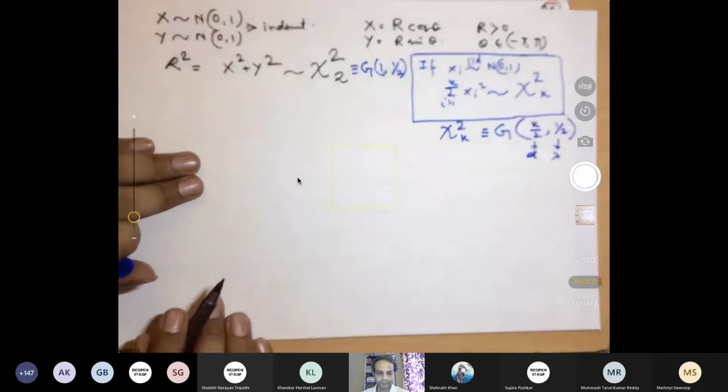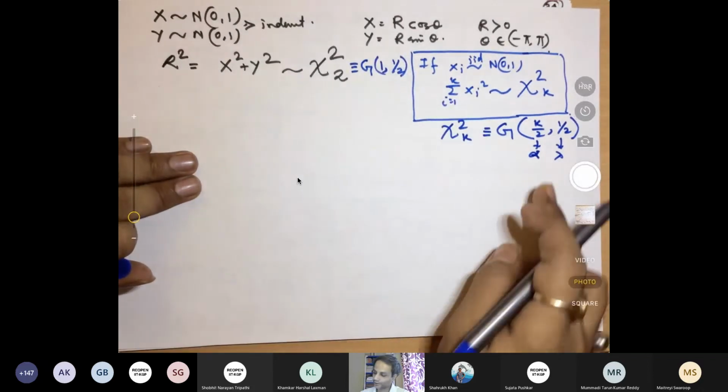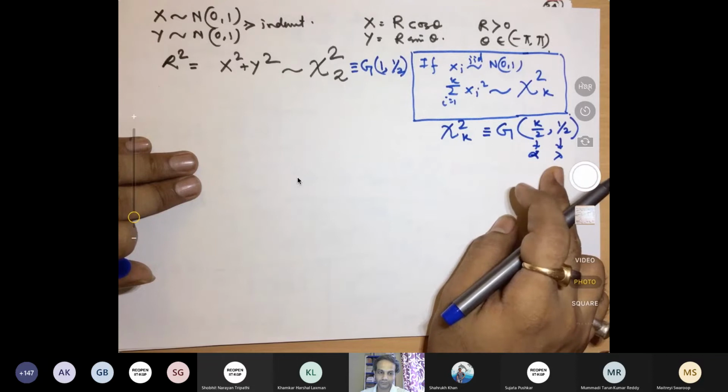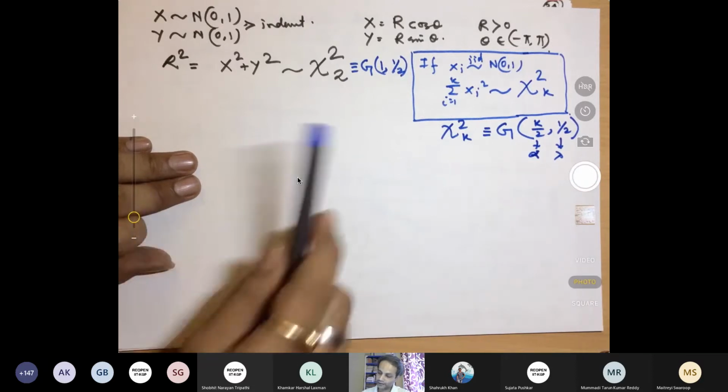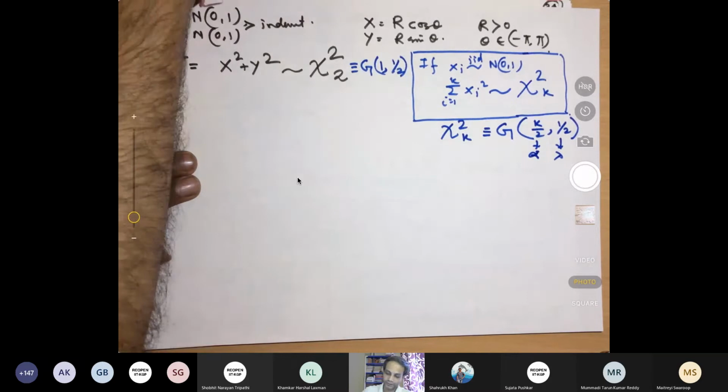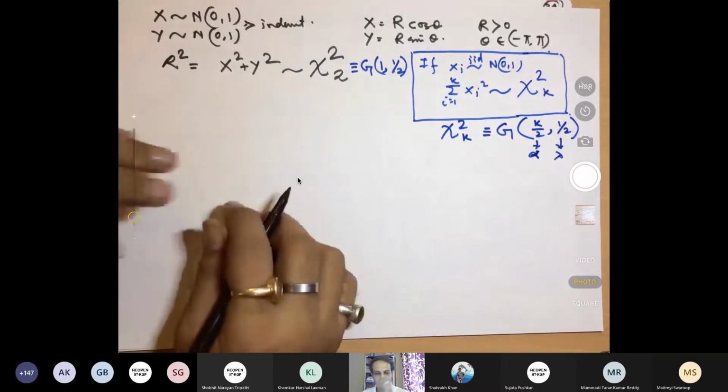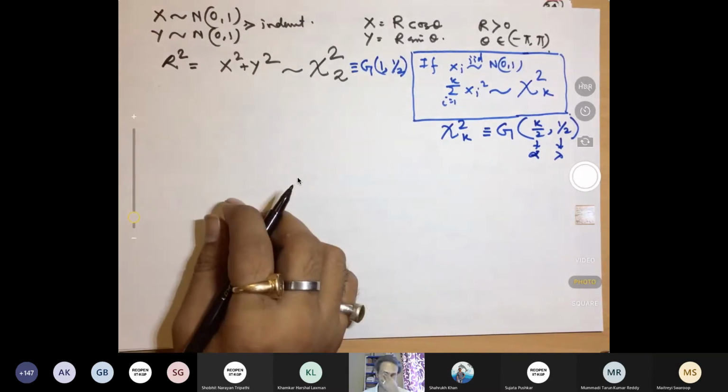Is it okay? This proof also we have done. At least this one we have done: chi-square and gamma are equivalent. Okay.